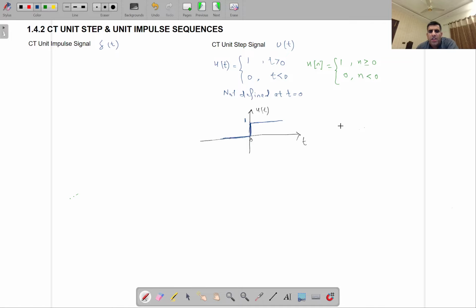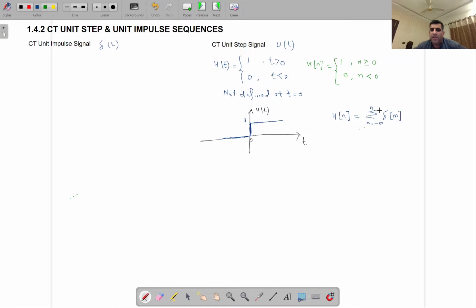For the discrete time case, u of n was defined as the sum of delta of m, where m goes from minus infinity to n.